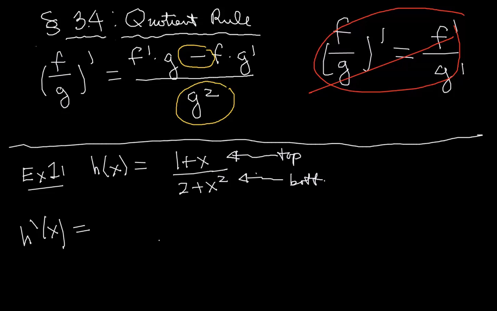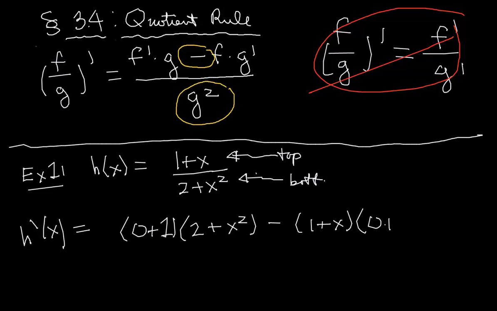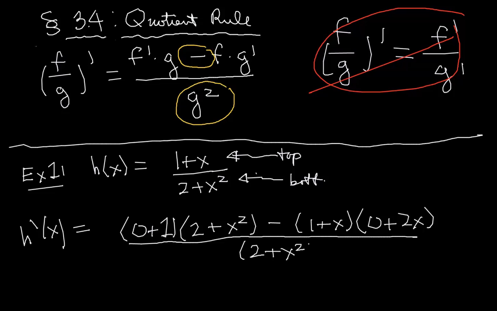So how does this go again? It goes derivative of the top, that's just going to be 0 plus 1, because the derivative of constants is always 0, times the bottom, minus the top times the derivative of the bottom, 0 plus 2x. And this goes all over 2 plus x squared, that thing squared.